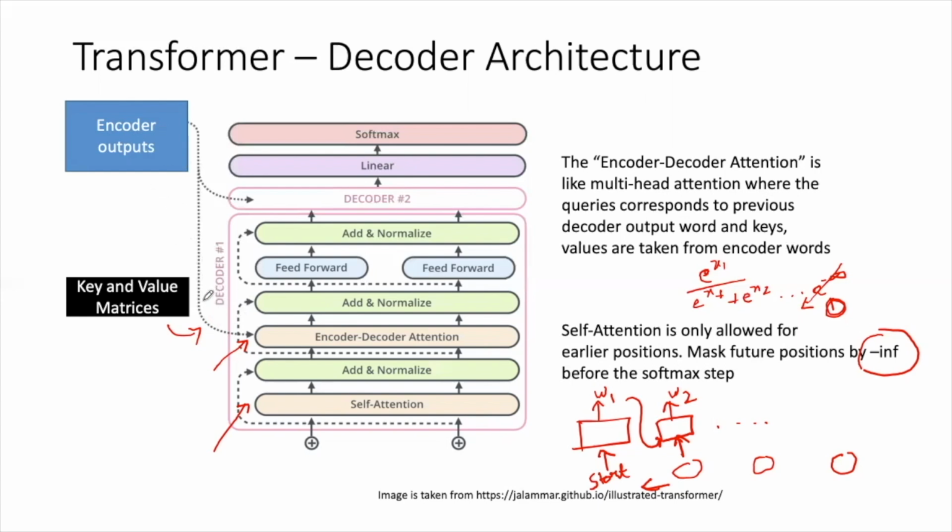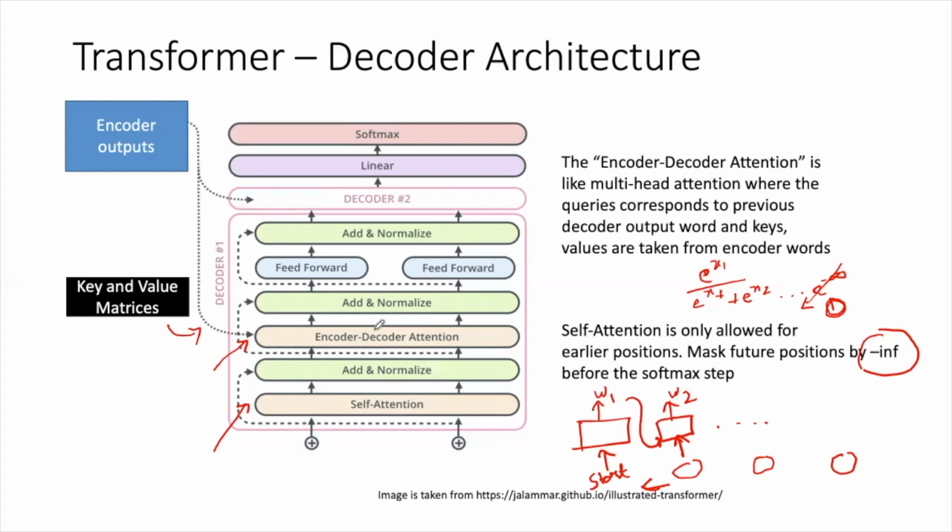Once you generate the keys and values, those are used to calculate this encoder-decoder attention. Previously, to calculate self-attention in the self-attention block, we have all the query, key and value vectors for each word in our input. Here we don't do that.